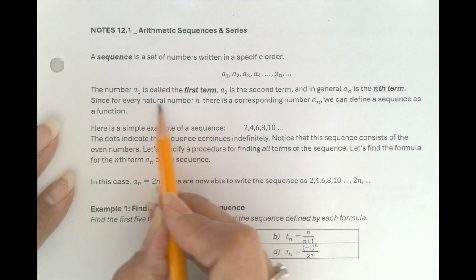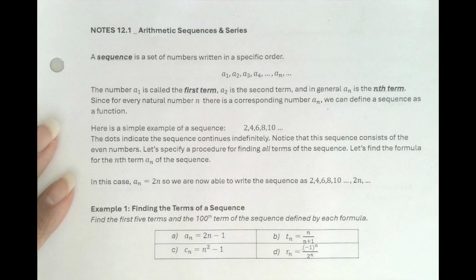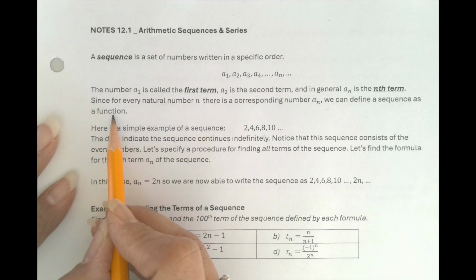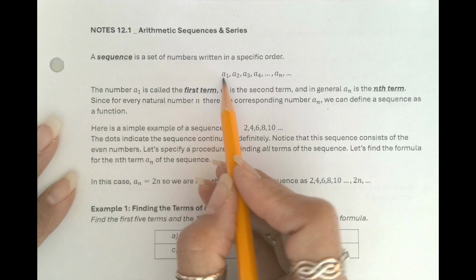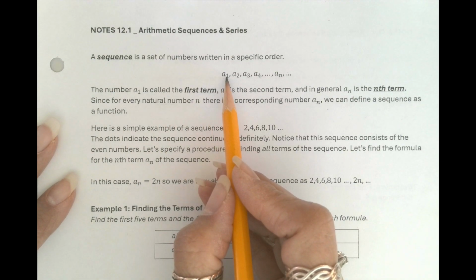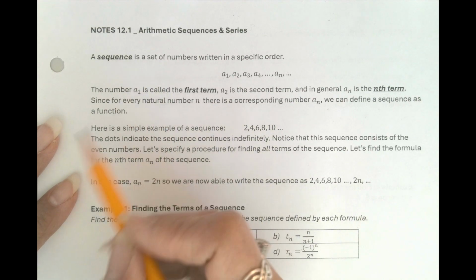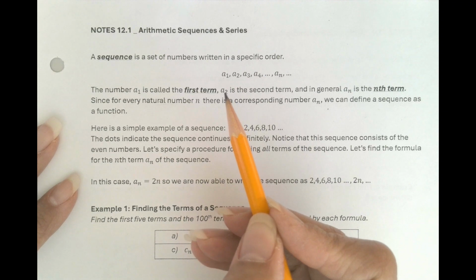The n values will always be the natural numbers, the counting numbers, and we are able to define a sequence as a function. So for every input value, there will be an output value. Now, this list, this sequence of numbers, must always have some sort of pattern, okay?